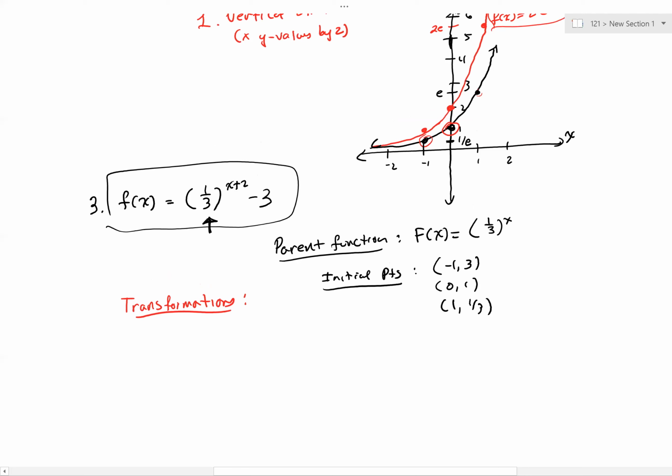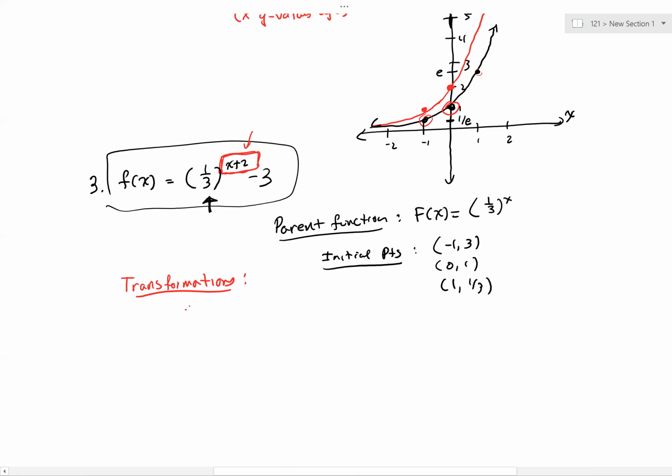If we look at the exponent, that's where all the horizontal transformations happen. What's happening to the input? We can see that we're adding 2 to the input, which means there's a horizontal shift. And because we're adding a positive number rather than subtracting, this means there's a horizontal shift to the left by 2 units.